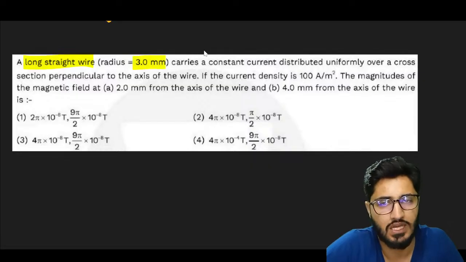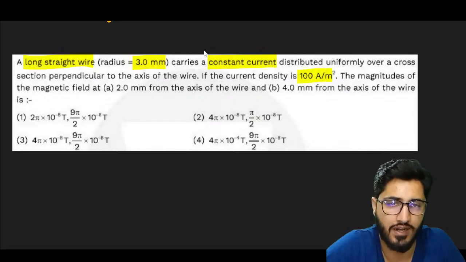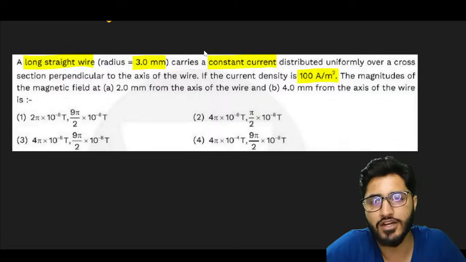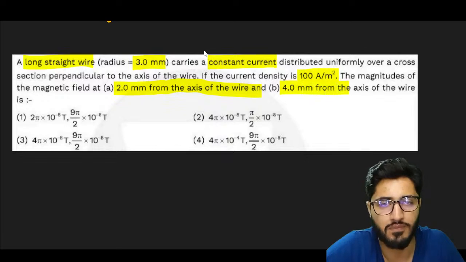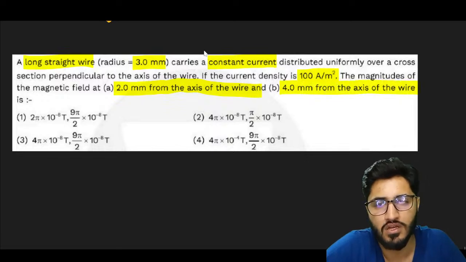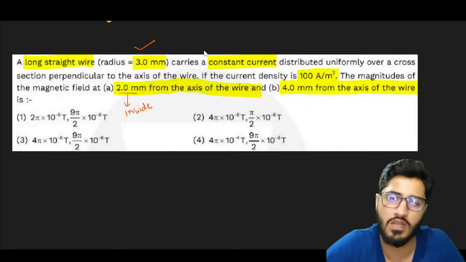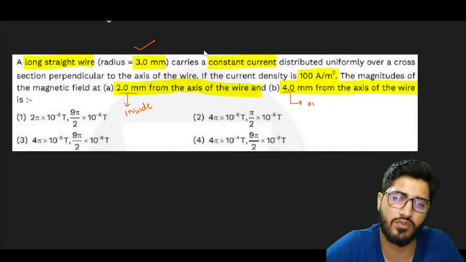Carries a constant current distributed uniformly across the cross section. The current density J is given. Find the magnitude of the magnetic field, firstly 2 mm from the axis of the wire, then 4 mm. If the radius is 3 and you are at 2, this point is an inside point. If it is 4, it is an outside point. Find in both cases.